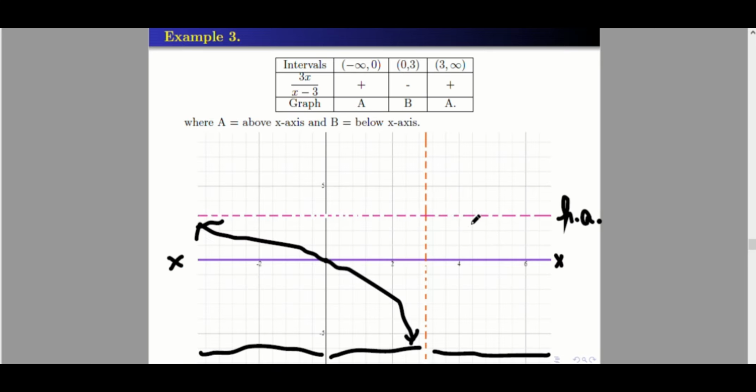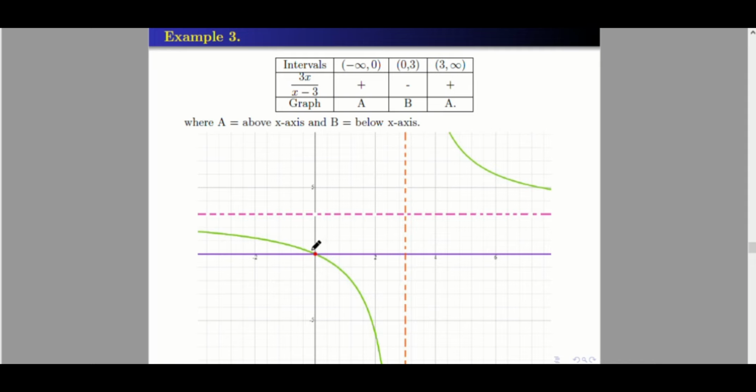So it should be here. Okay, so this must be the graph: above the x-axis, below the x-axis, and above the x-axis and also above the horizontal asymptote, because the graph will not intersect the horizontal asymptote.